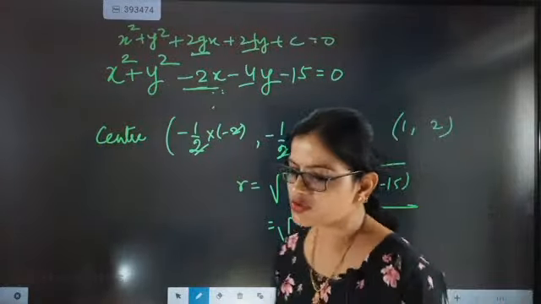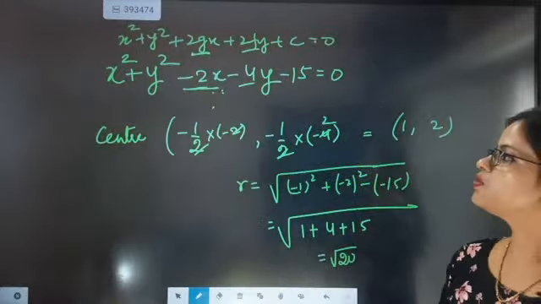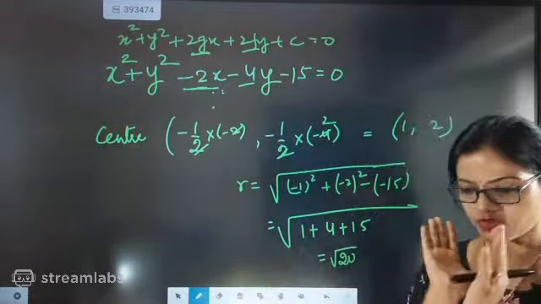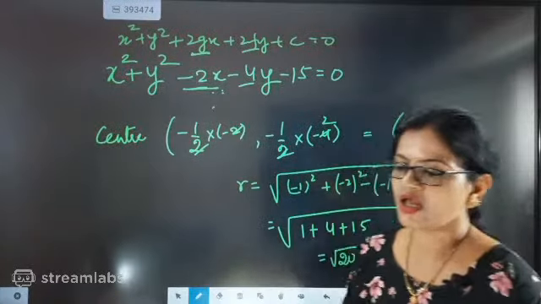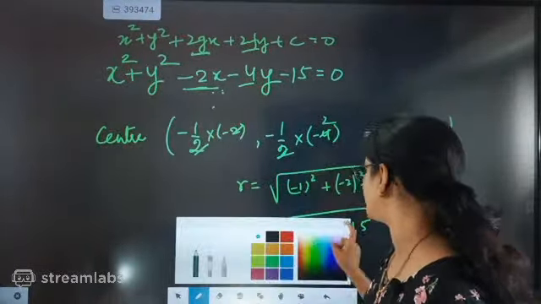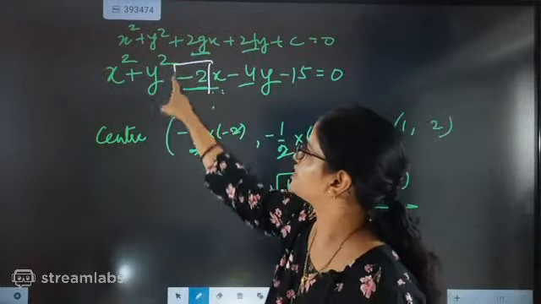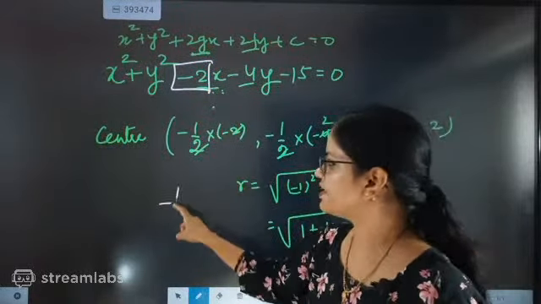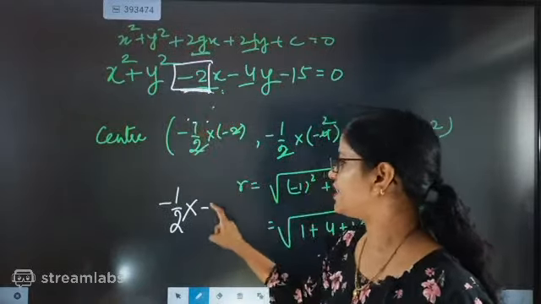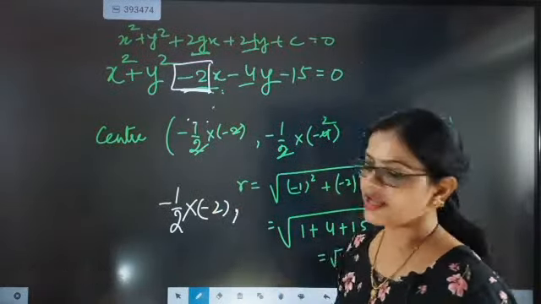I hope you have understood how to solve this question, how to get the center. Look here, general equation. Only one small thing I taught you in this part: to get the center, you have to check the coefficient of x. What is the coefficient of x here? Minus 2. Multiply it with minus 1 by 2, you will get the x part.